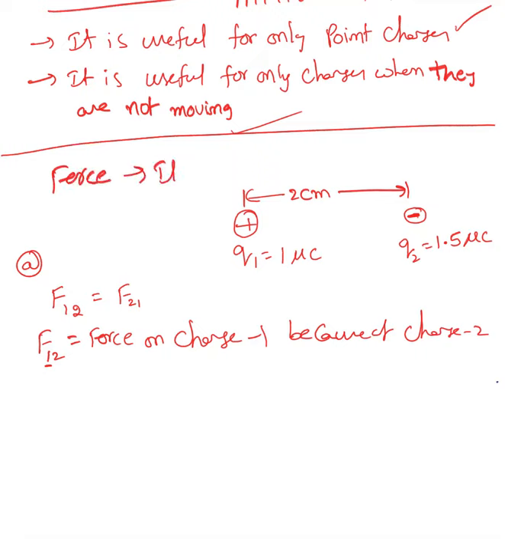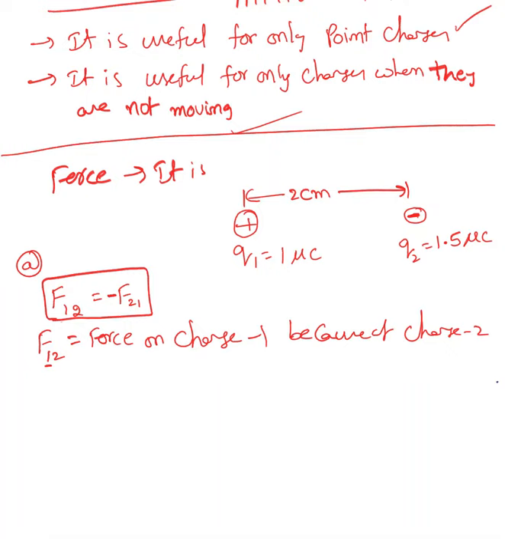Remember, force is a vector quantity, so it has both direction and magnitude. In reality, I'm saying F12 equals F21, but that is only the magnitude, not the direction. When you include the direction, F12 equals negative F21, because that negative comes from the direction.